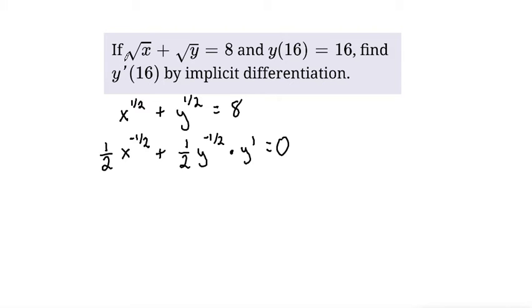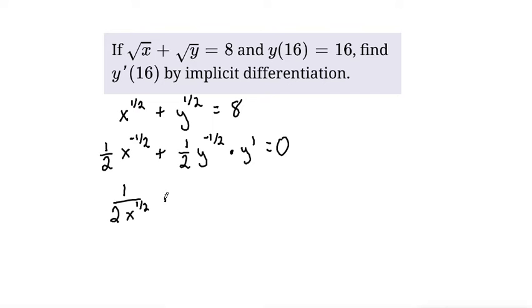Next, we need to solve for our y prime in order to find y prime of 16. So let's start by moving our negative exponents to the denominator to simplify a bit, to make this 1 over 2 x to the power of 1/2, because when you move something to the denominator, the sign of the exponent changes.